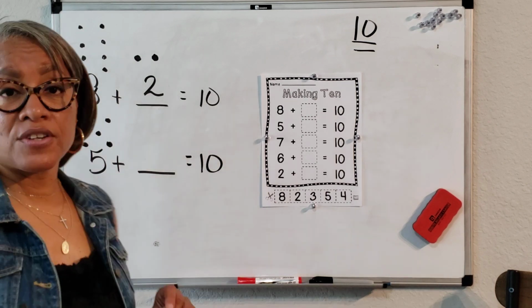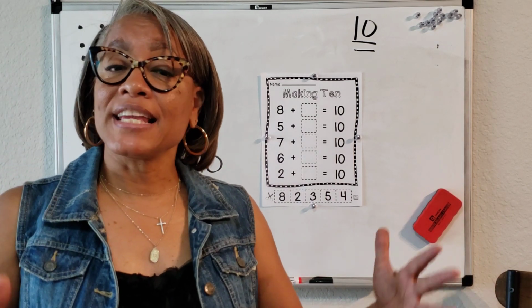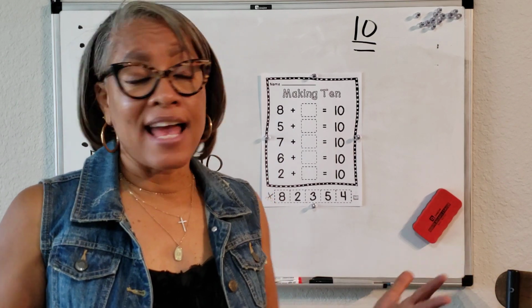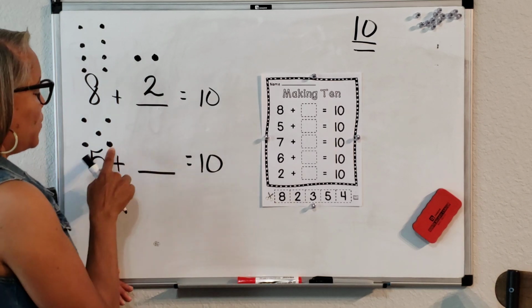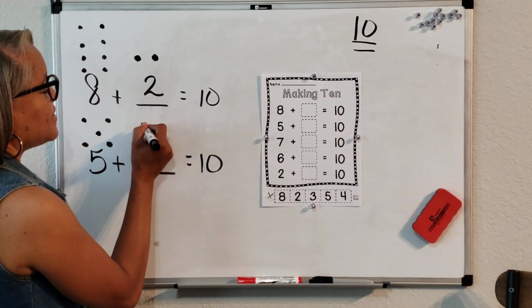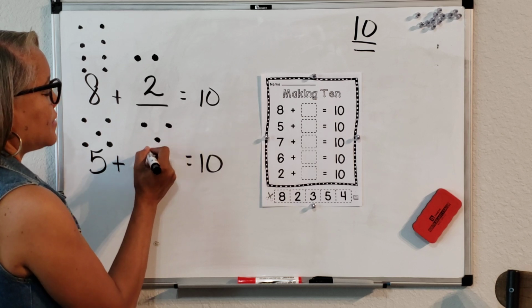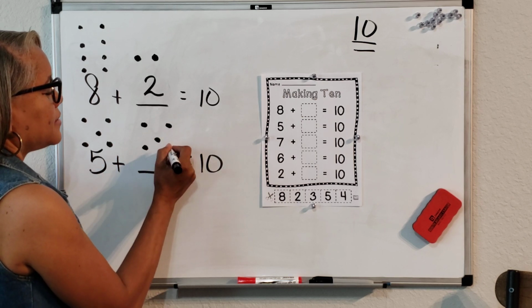Does that represent the first add-in? Yeah, we already have 5. So let's continue counting up to 10, okay? So over here, we already have 5, 6, 7, 8, 9, 10.